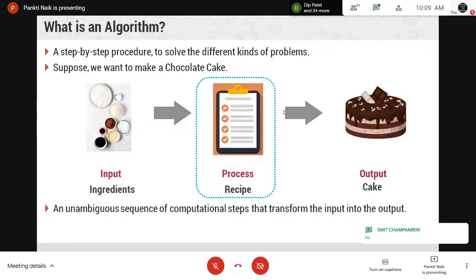Unambiguous means only one solution, one specific sequence. Ambiguous means more than one solution. So unambiguous means only one solution. So one specific sequence of computational steps that transforms the input into the output is known as an algorithm.